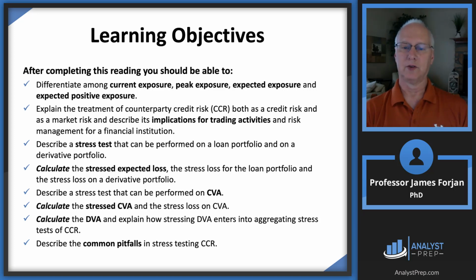We'll go ahead and describe some stress tests, and then we'll calculate some stressed expected losses. And I have a couple of interesting examples that I think will add tremendous value to your understanding of this topic. And then I think that last slide will look at some common pitfalls.